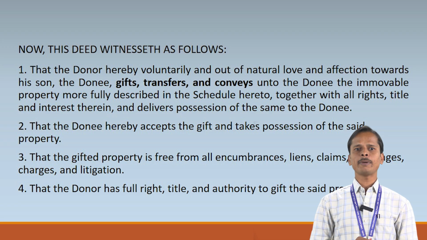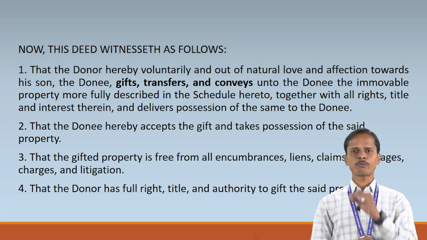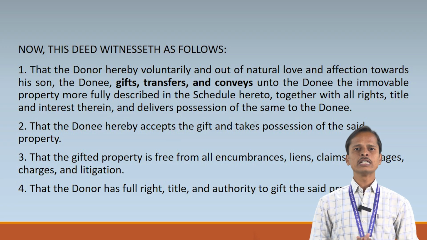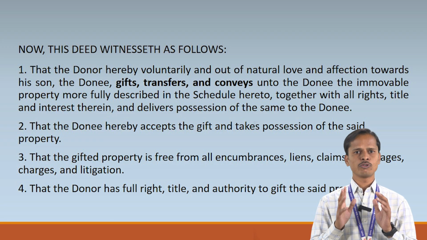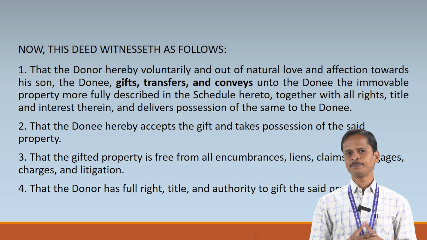That the donee hereby accepts the gift and takes possession of the said property. That the gifted property is free from all encumbrances, liens, claims, mortgages, charges and litigation. That the donor has full right, title and authority to gift the said property.